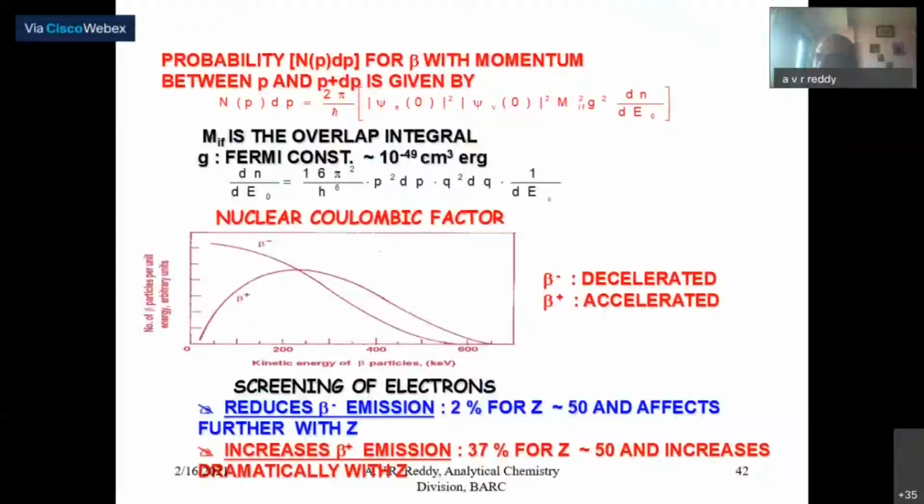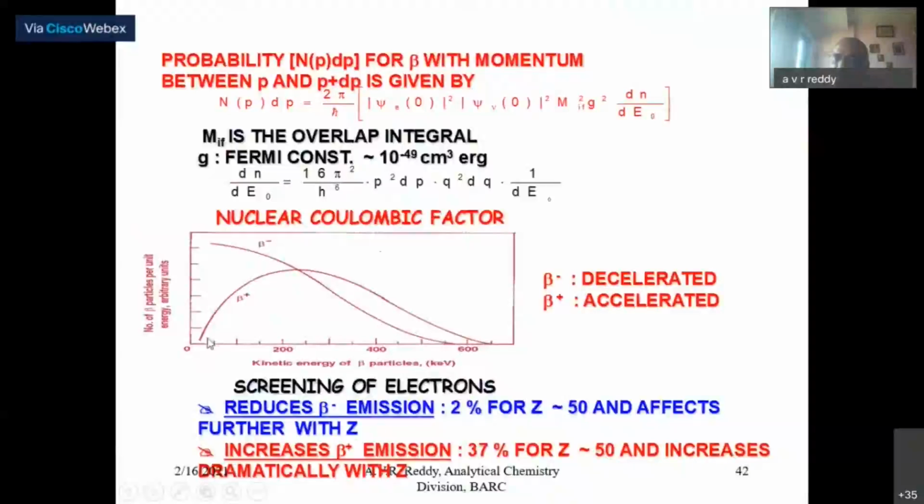In the case of beta minus, the nucleus as a whole will try to hold the beta minus or delay its release, because it is having negative charge. Which one is having negative charge? Beta minus. Nucleus is positive. Therefore, the initial part of the beta spectrum will have more intensity. That is what we observe.